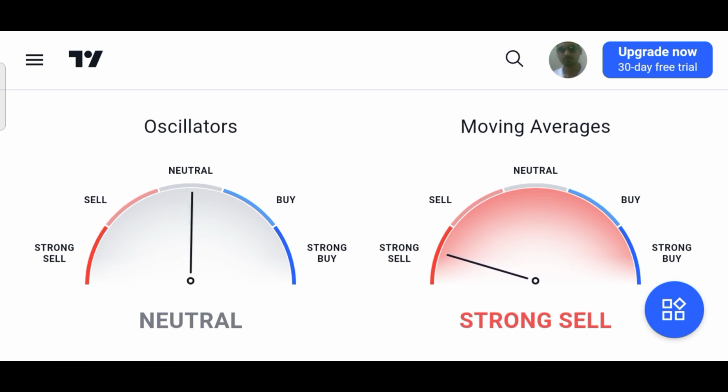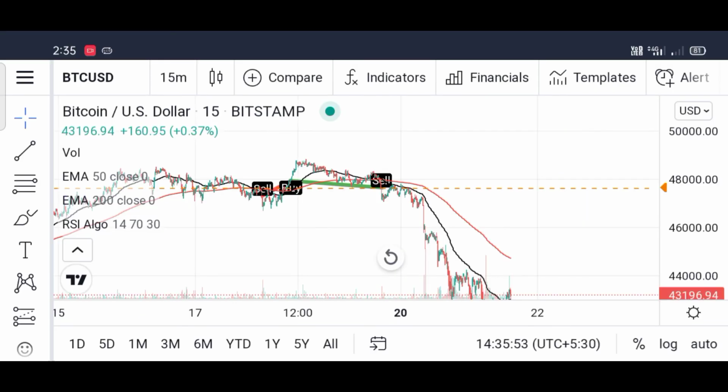And now I show you how to get trading signals for long-term trading. For that, go to chart, and go to time frame, select 4 hours.